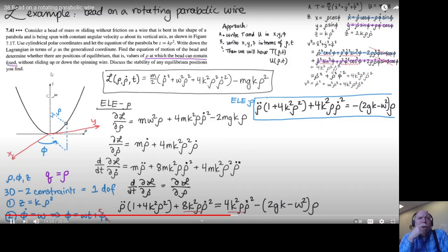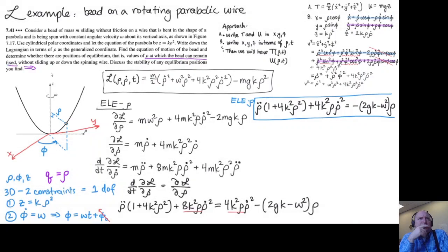Bead can remain fixed. What that means is that rho dot and rho double dot are both 0 because rho is a constant. So we can now simplify. If we look for rho equals constant solutions, meaning that rho dot and rho double dot are 0, that means we can simplify our expression.